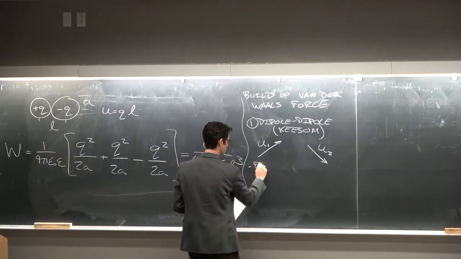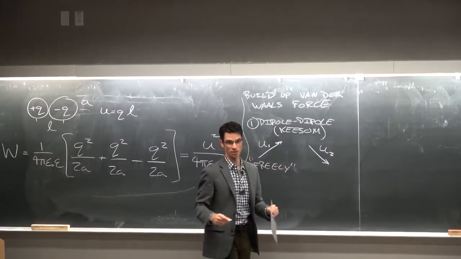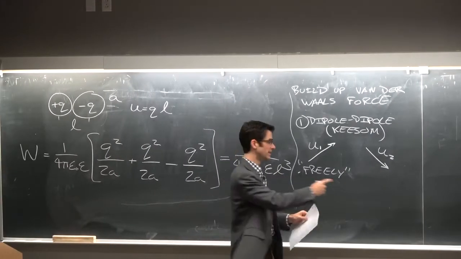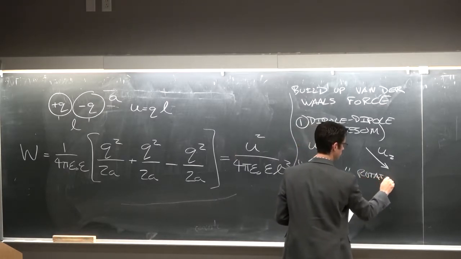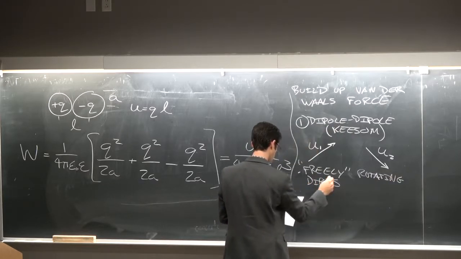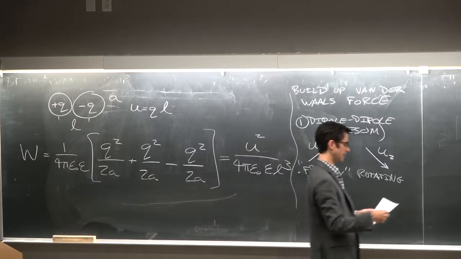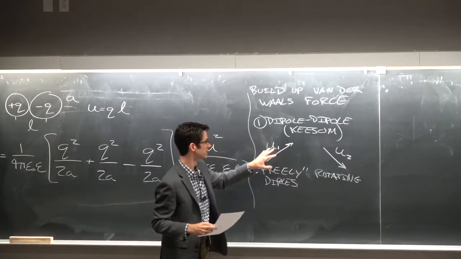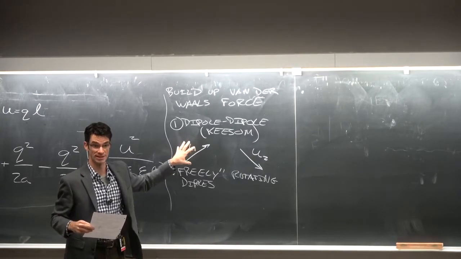So these are freely rotating, and I'll put freely in quotes so that you know that the caveat is that they don't have random orientations, their orientations are affected by the nearby dipole. Freely rotating. And what we have is transient orientations. We're going to speak about the system from the perspective of U1, of molecule 1, dipole moment 1.